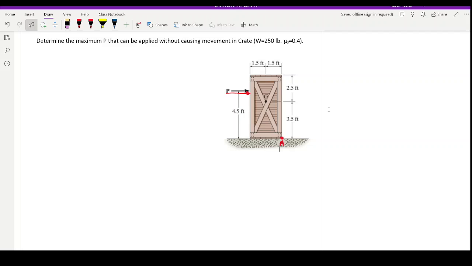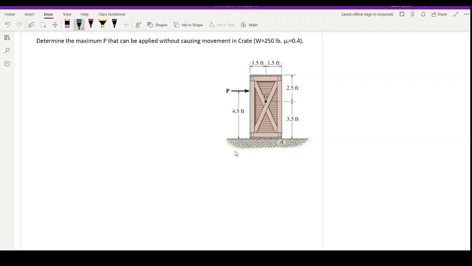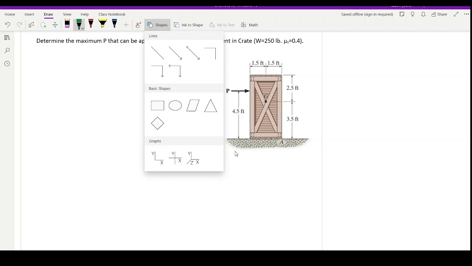Correct? Now, by knowing that, let's first assume that it's going to slide. And in order to slide, we need to draw the FBD and examine to see whether it's really sliding or not sliding.